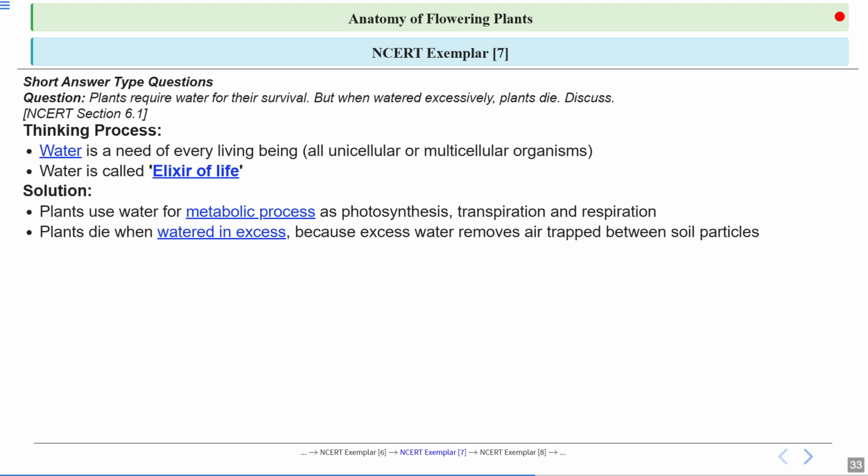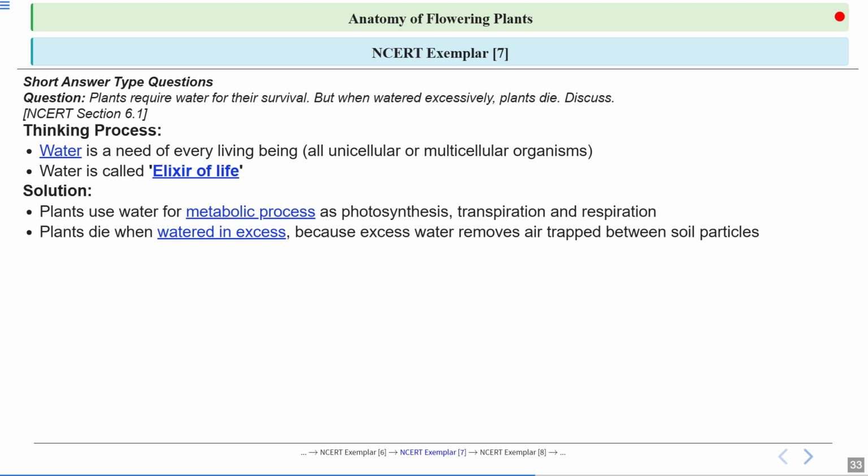And you must be knowing this, that the water which is available to the plant is called capillary water, the capillary water that is present between the soil particles. But if there is so much water that the soil particles are submerged in water, then that is not going to help the plant. There is no air for the roots to breathe.